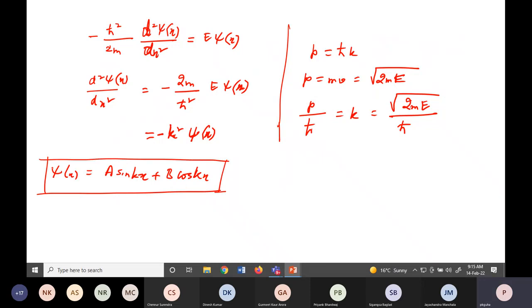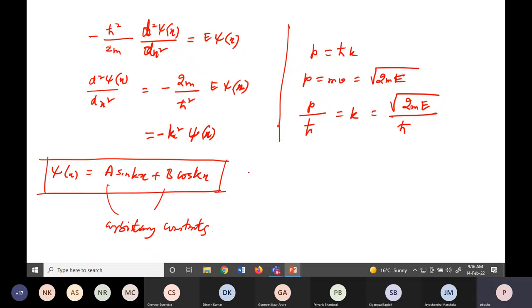So it will give you ψ(x) equal to A sin kx plus B cos kx, where A and B are arbitrary constants, and these constants you can find out using the boundary condition, right.